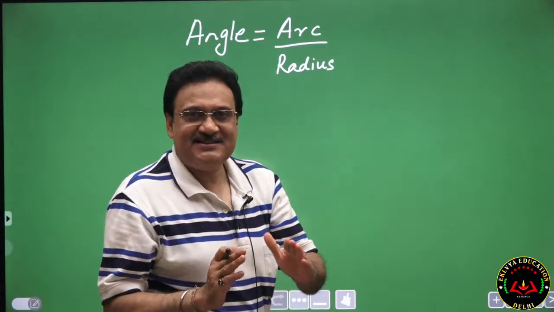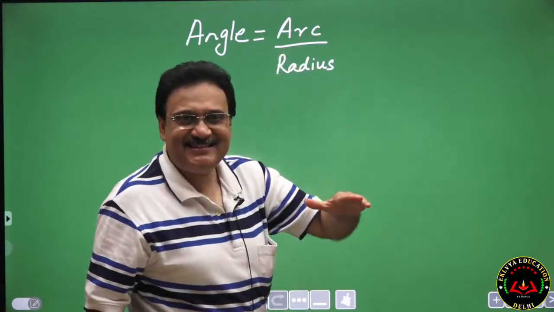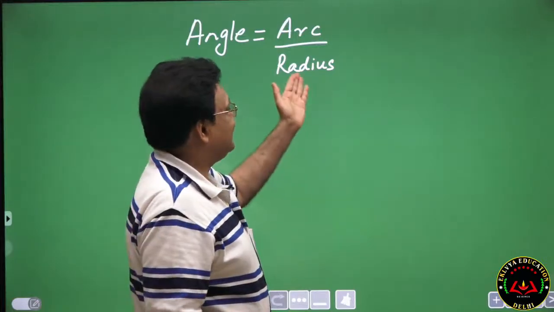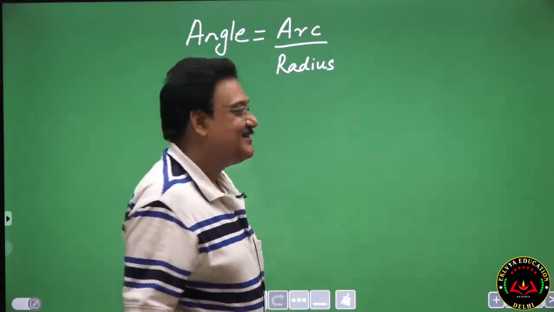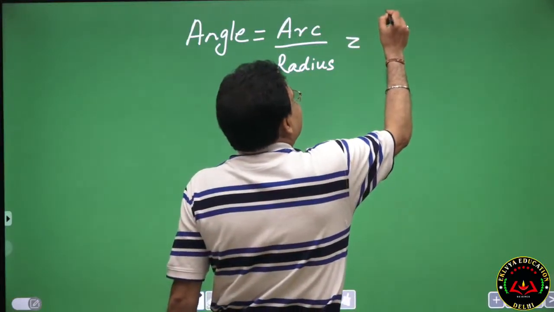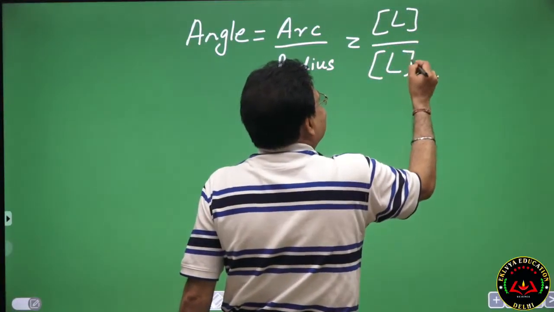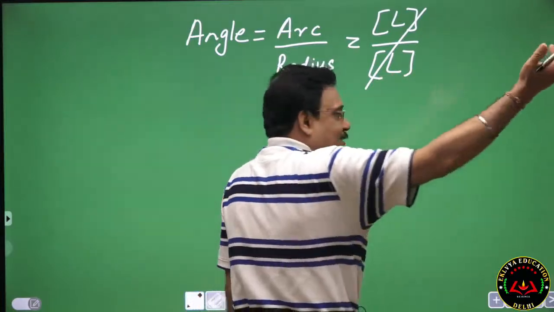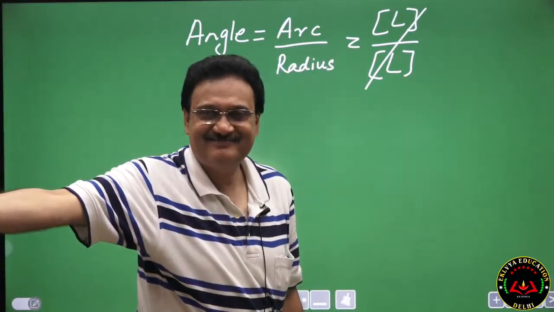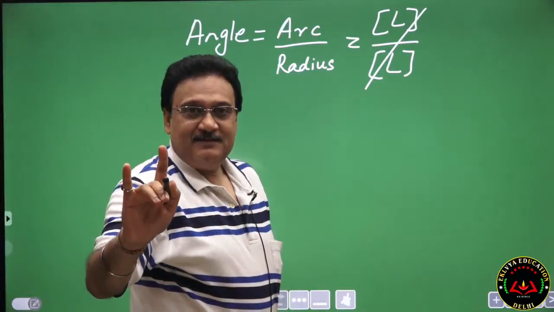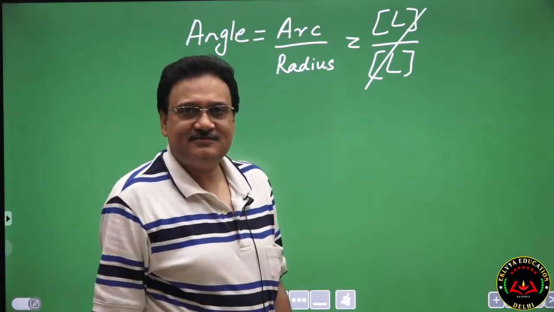Arc is also length and radius is also length. So that is length upon length. So no dimension.